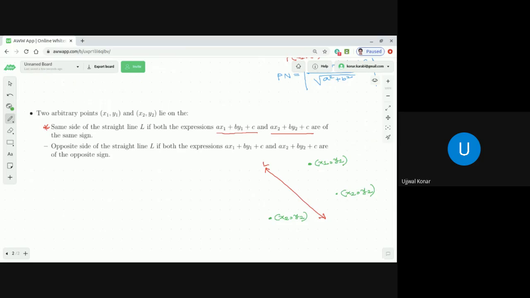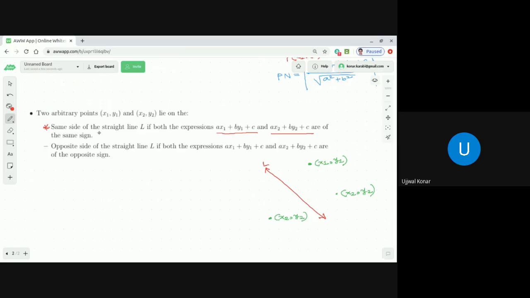So here is the condition. The first condition, as you just saw, they will be on the same side of the straight line L if both the expressions, that is ax1 plus by1 plus c and ax2 plus by2 plus c, are of the same sign. Means either both are positive or both are negative.